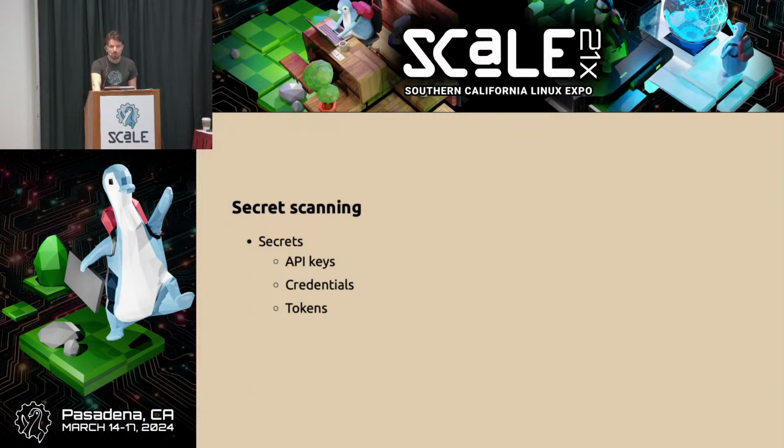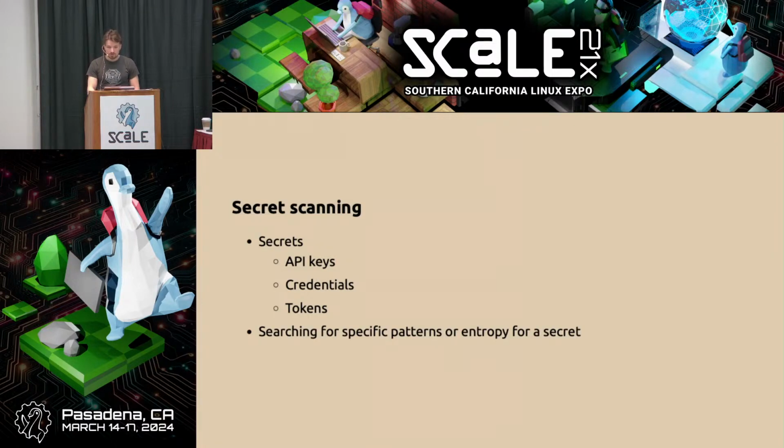There are multiple types of secrets in a code base. We have API keys, we have credentials, we have tokens. These are sensitive items which should not be included in your code base. You should use, for example, environment variables or standard input or whatever you prefer, but not include them in your Git repository, let's say.